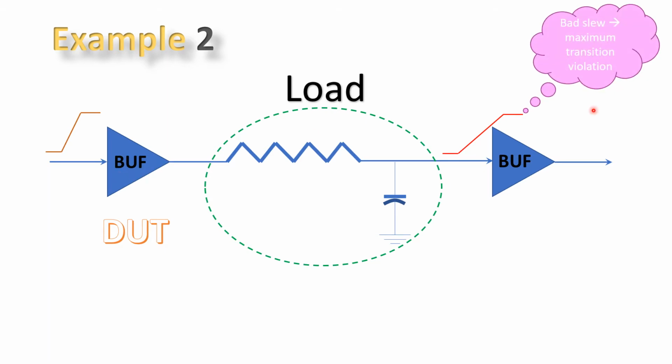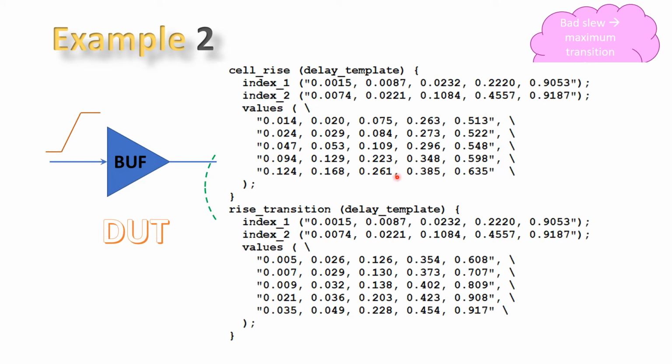Since this is a bad slew, we again consider the Liberty file, wherein the slew is the same as before, but the load has increased. This is the load table. This is the maximum value to which this cell has been characterized, but if you observe, this has crossed this limit. This 2.23 is way higher than the 0.91.